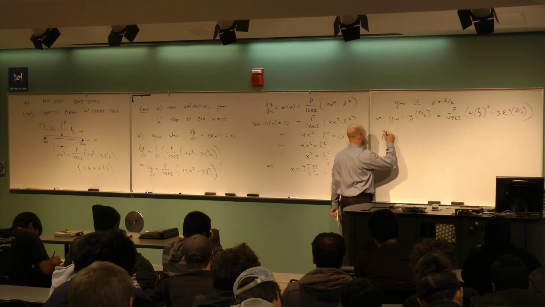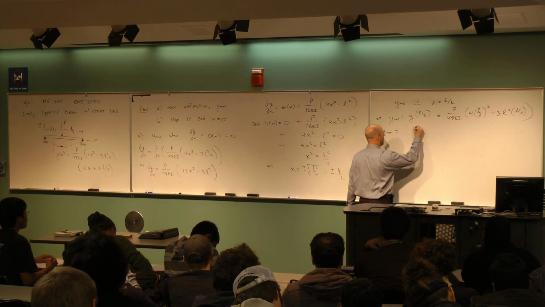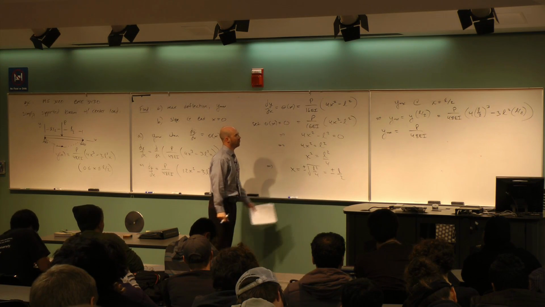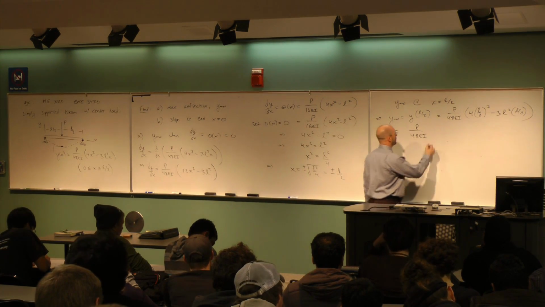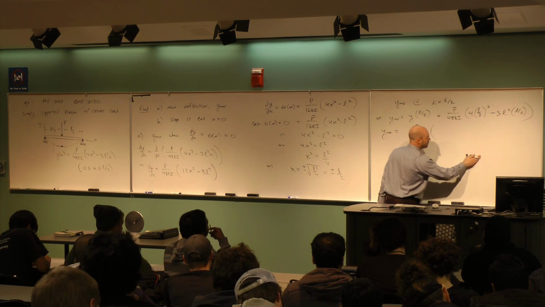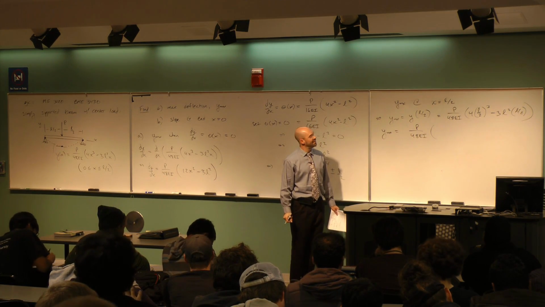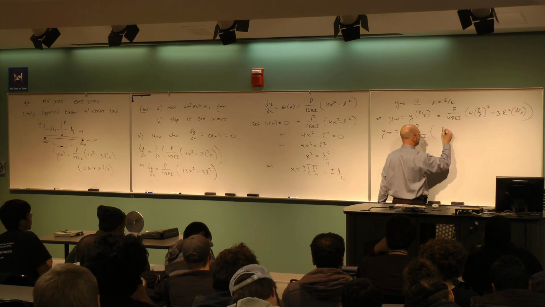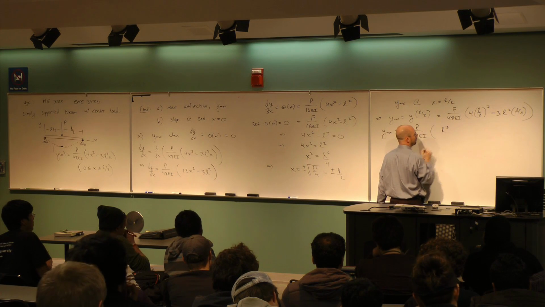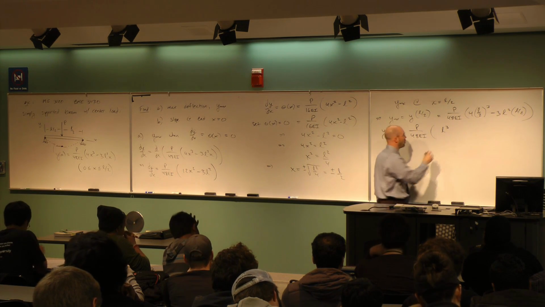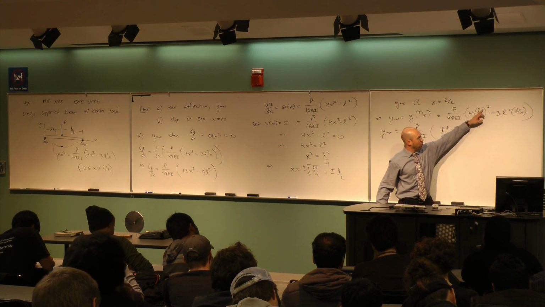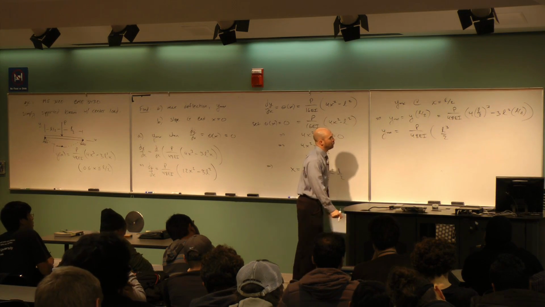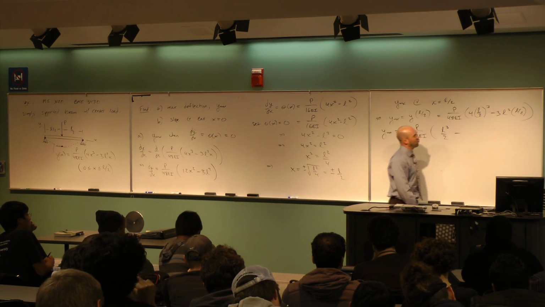So Y max is going to be, if I put the P over 48 EI out front, L over 2 quantity cubed is what? L cubed over 8, right? So L cubed over 8 times 4 is what? L cubed over 2, right? 4 cancels the 8, gives me a 2. So that's L cubed over 2, the first term, minus the second term.